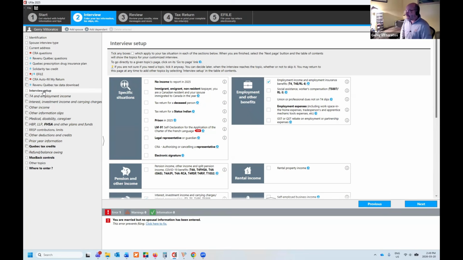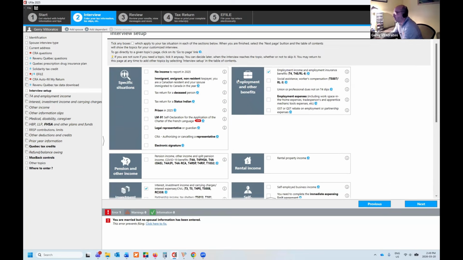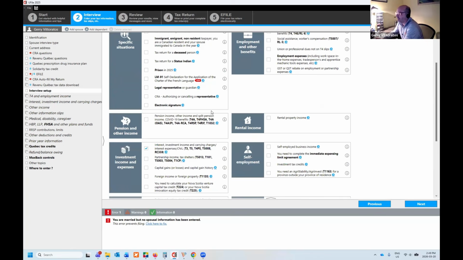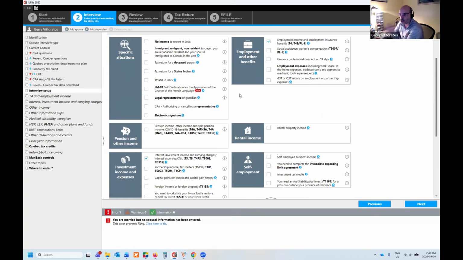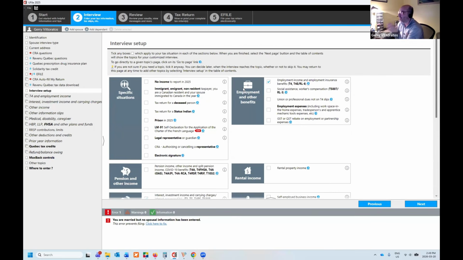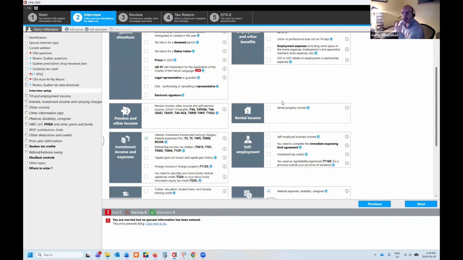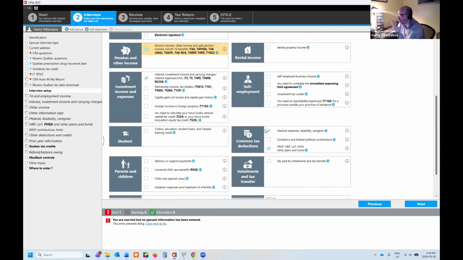Okay, so from here, it's a questionnaire essentially where you're picking and choosing what is relevant to your return. So, for example, do I have employment income? Perfect. I tick the box next to employment income. Do I have pension income? That's fine. I'll tick the box next to pension income. Do I have medical expenses?